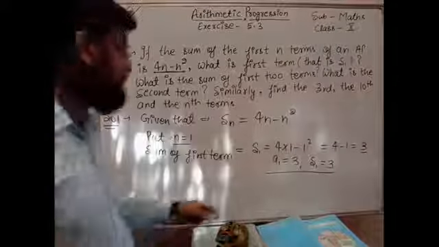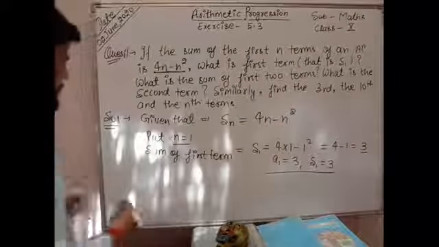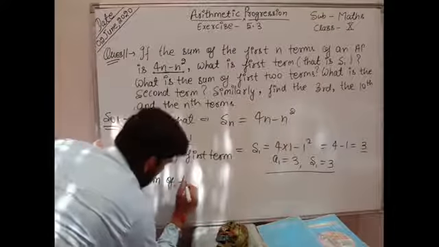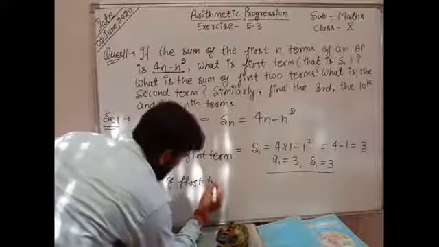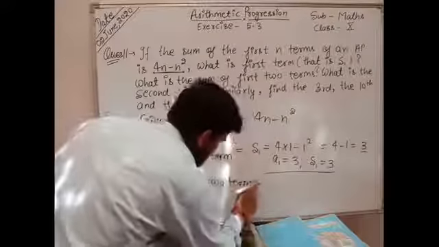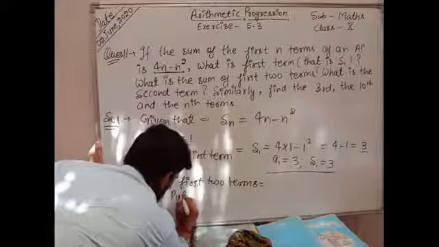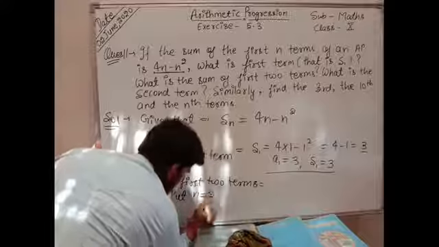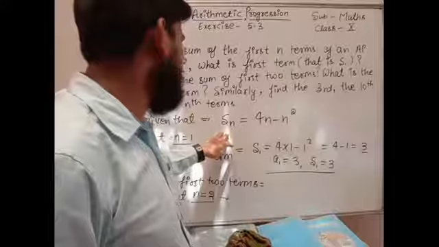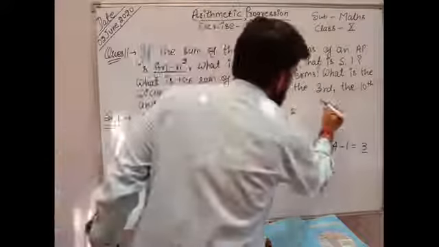Okay, now we will calculate the sum of the first two terms. So the sum of the first two terms is equal to, put n equal to 2, because this is Sn. So if I put n equal to 2, we will calculate S2.